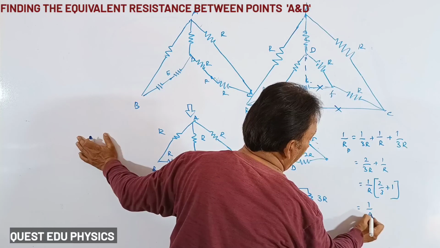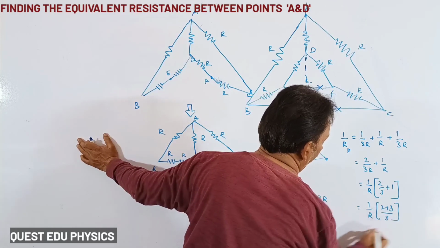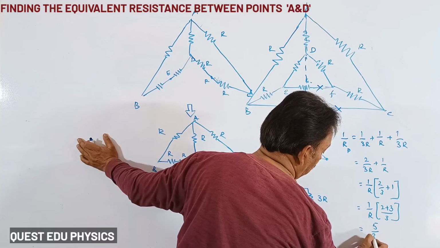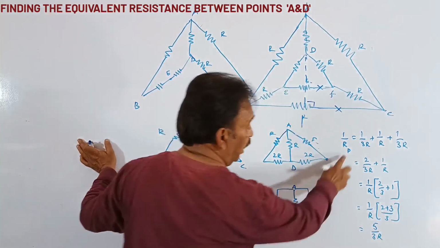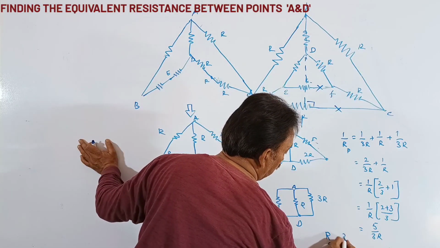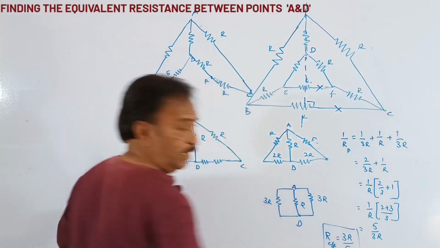Or it is 1 by R of (2 plus 3) by 3. It is 5 by 3R. Okay, and the effective resistance is equal to 3R by 5. It is the desired result, students.